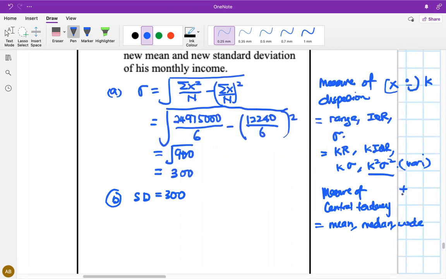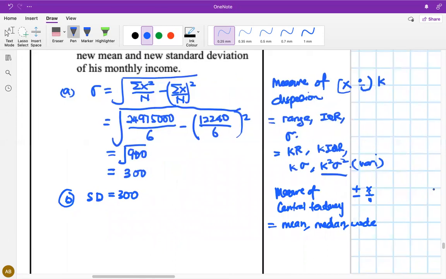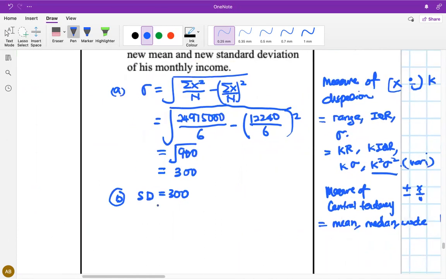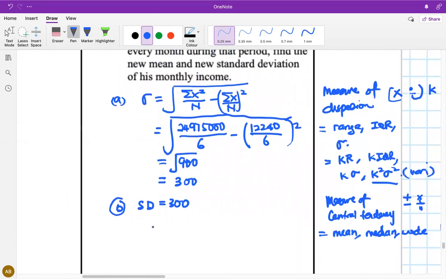With these, if you plus, minus, multiply, or divide, it will affect them, right? So let's say you plus A and multiply K. So the mean is plus A and multiply K, so it will follow.